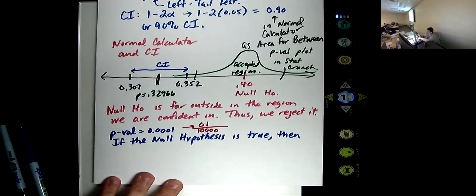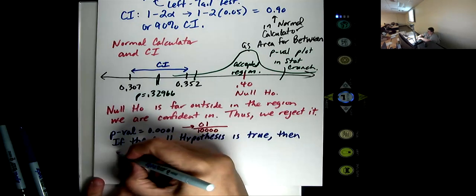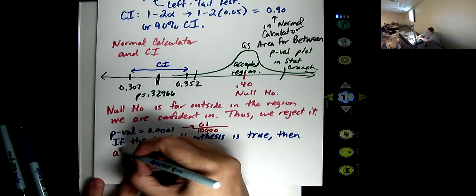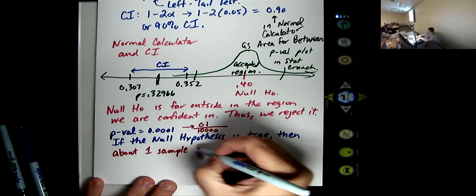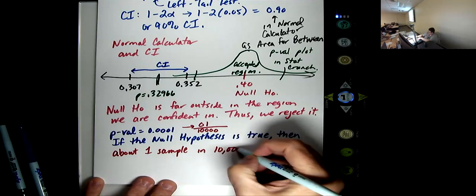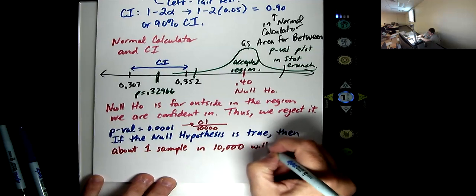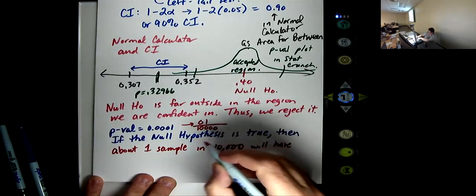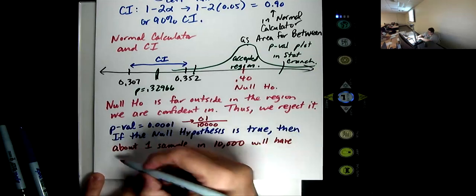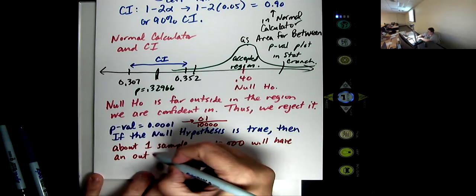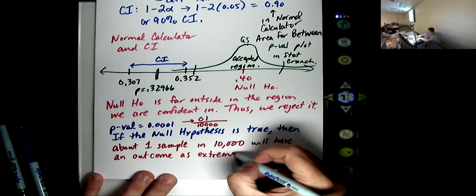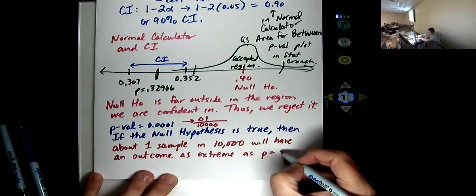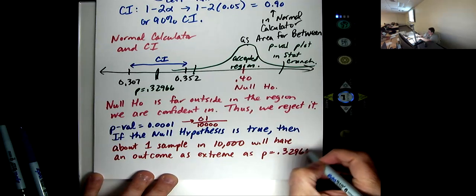This is equivalent to 1 in 10,000. Then about 1 sample in 10,000 will have an outcome as extreme as p equals 0.32966.